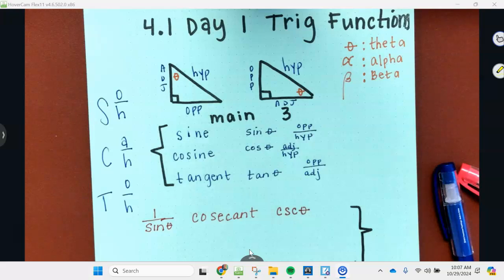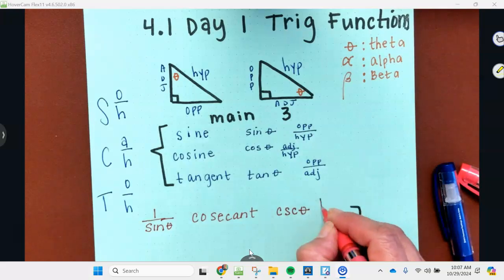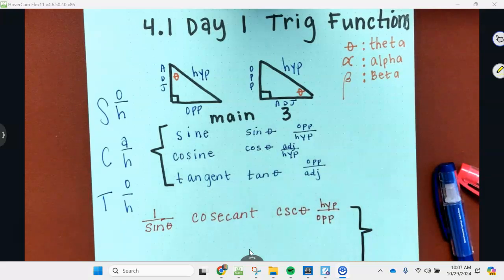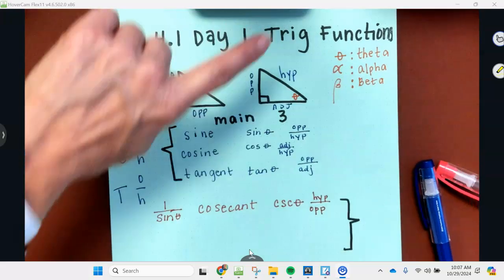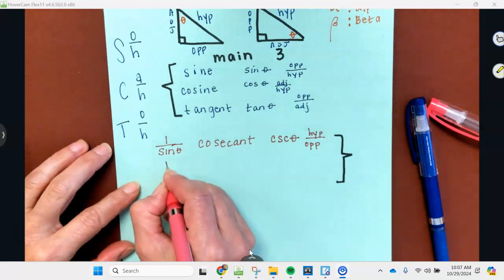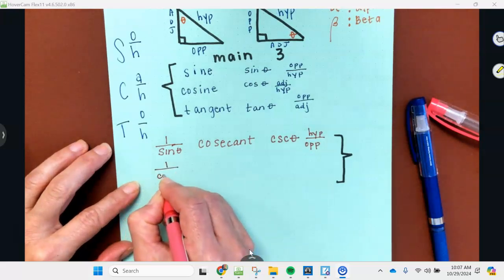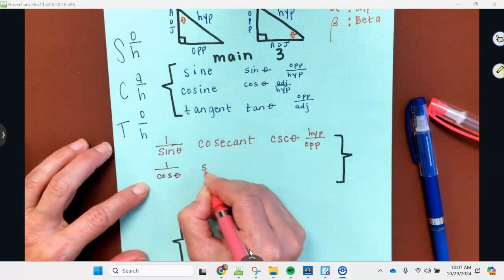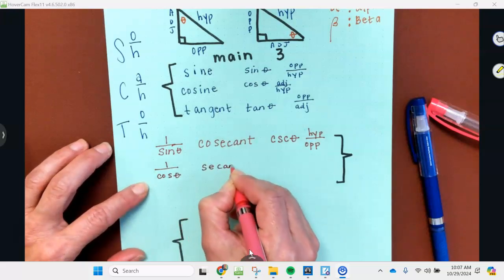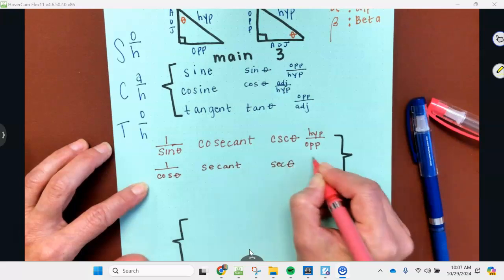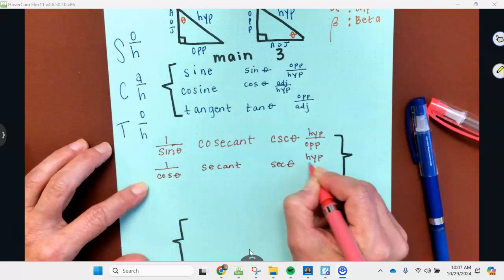It's hypotenuse over opposite. And then we also have a reciprocal for cosine. 1 over cosine is meaning the reciprocal. And that's called secant. And that abbreviation is SEC. And that's going to be the hypotenuse over the adjacent.